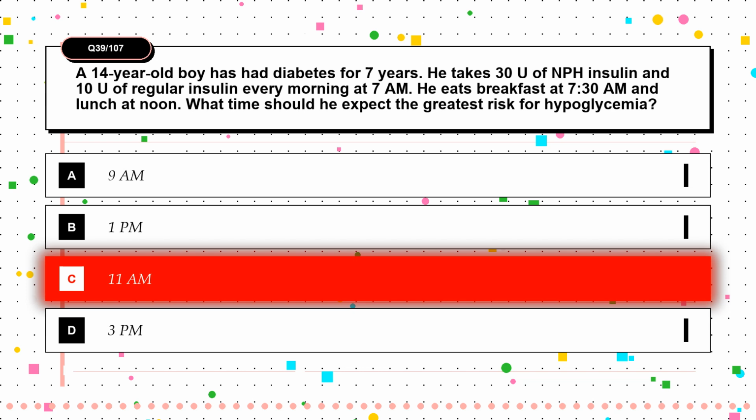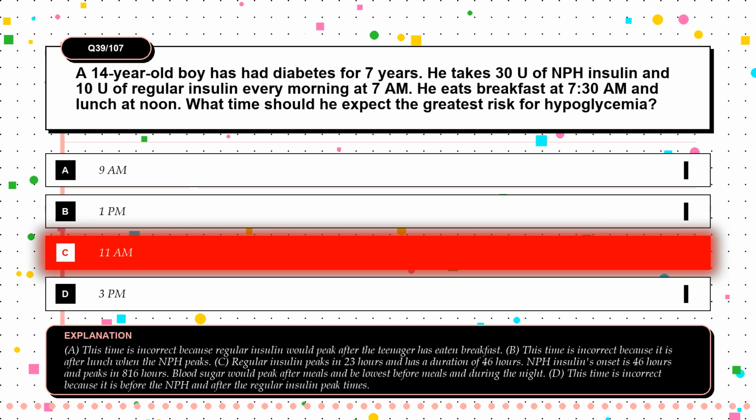The correct answer is option C, 11 a.m. A. This time is incorrect because regular insulin would peak after the teenager has eaten breakfast. B. This time is incorrect because it is after lunch when the NPH peaks. C. Regular insulin peaks in 2 to 3 hours and has a duration of 4 to 6 hours.